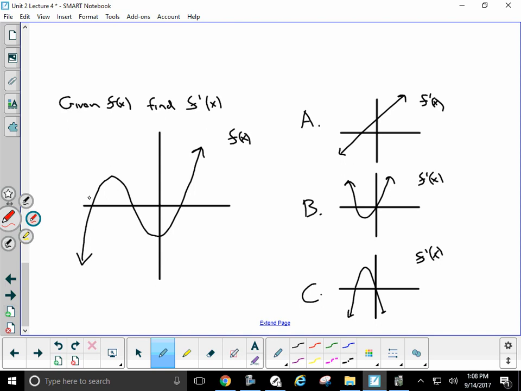If you'd like to, you can pick some points. Plot the tangent slopes. Talk about the tangent slopes. You can do it yourself.